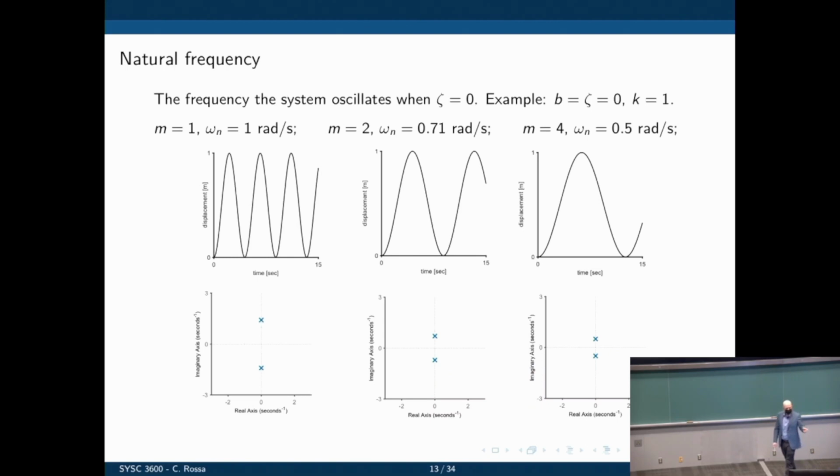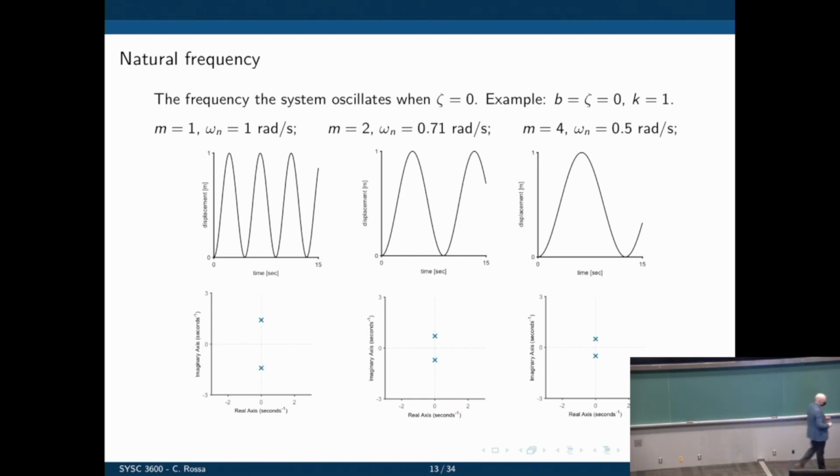First example we had before, and now here B is still 0, but I'm changing the mass. The spring is kept at 1 Newton per meter, and I'm changing the mass. And you see that as I change the mass, I'm changing the damping ratio. Excuse me, I'm changing the natural frequency. By increasing the mass, I decrease the natural frequency, and then the poles move downwards. They move towards the center of the S-plane.